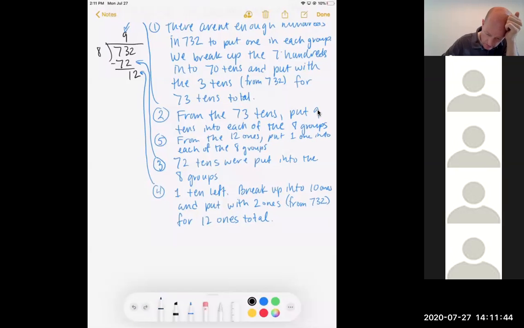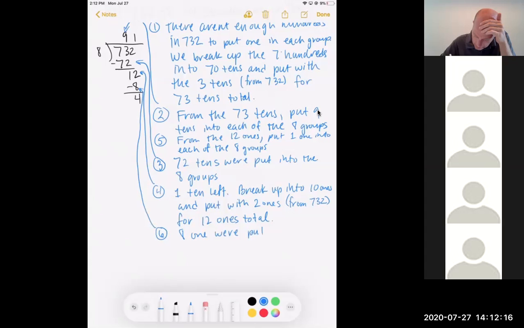So when I do that, I say, okay, 12 ones, I'm going to put 1 into each of the 8 groups. And then number 6 here, I'm going to describe this line, that 8. 8 ones were put into the groups. That's how much I used from my total.